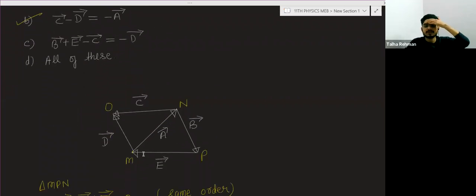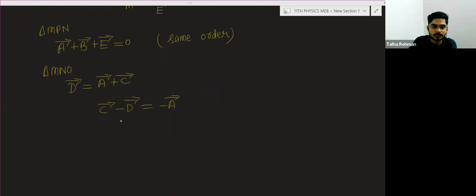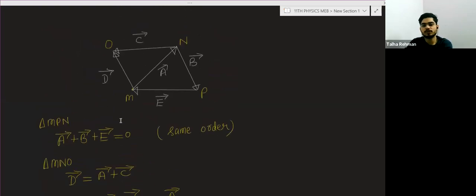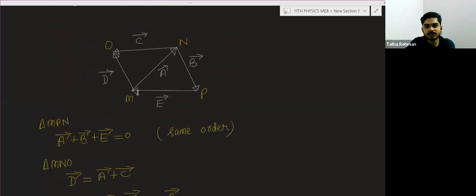Now take this whole quadrilateral, or polygon MPNO. So here we will apply the polygonal law. See this vector and this vector are in the same order.